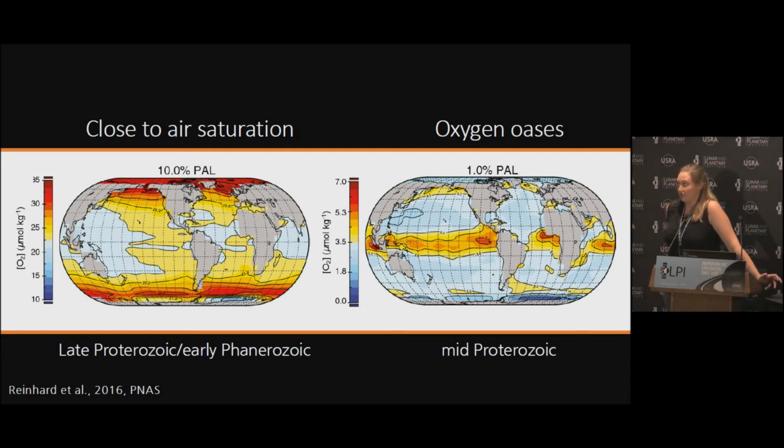You see that oxygen levels in the ocean decline, as you might expect. In the case on the left, dissolved oxygen concentrations are on the order of 25 micromole per kilogram. Compared to today, there's about 250, 300 micromole per kilogram. So this is about 10% of modern.